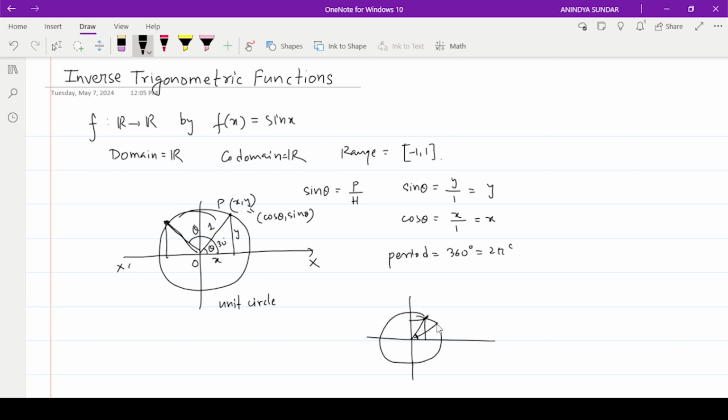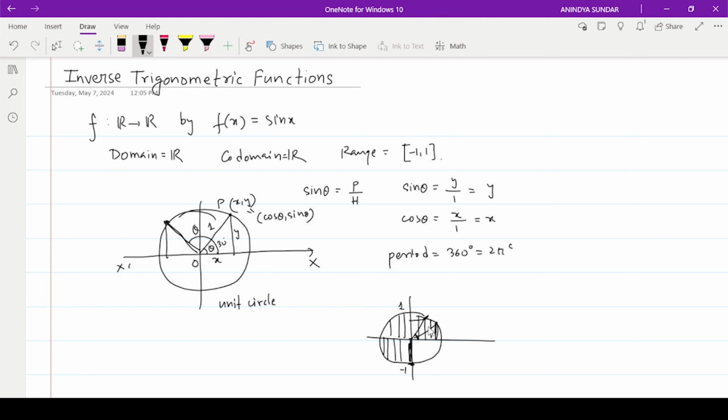If this is my theta, this perpendicular length basically denotes my sine theta. So this line is basically sine theta. Now if I draw like this, negative, up to -1, this is -1 and this is +1.